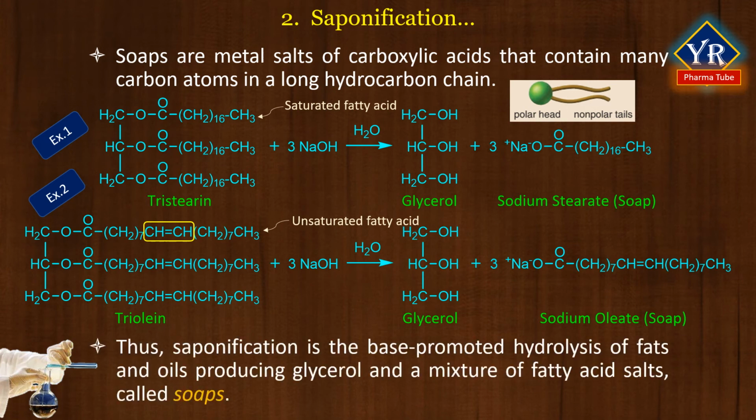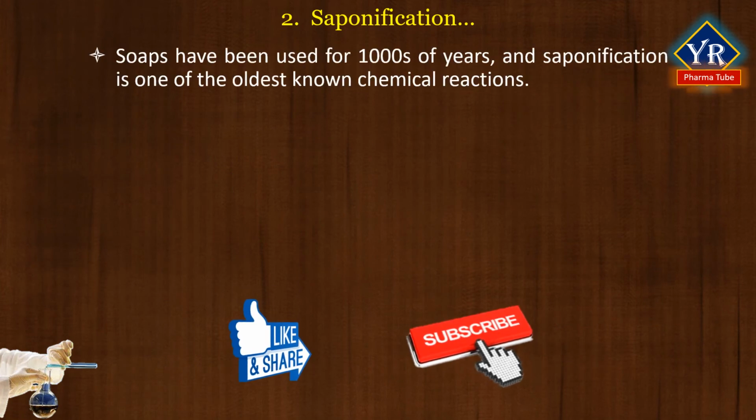Thus, saponification is the base-promoted hydrolysis of fats and oils producing glycerol and a mixture of fatty acid salts called soaps. Soaps serve their function as dirt removers. Soaps have been used for thousands of years, and saponification is one of the oldest known chemical reactions.